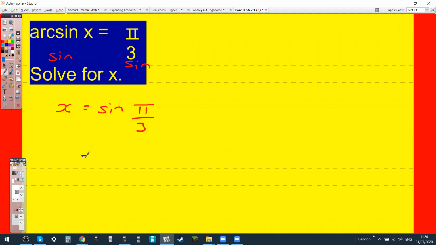And that's in radians, is it? That's in degrees. Go for it. Radians. I'll give it in radians. Root 3 over 2. Root 3 over 2. Okay.